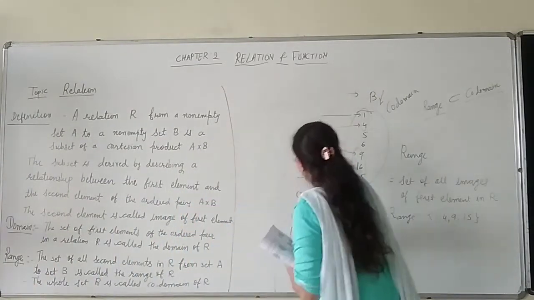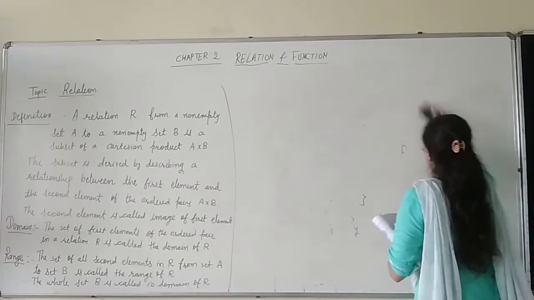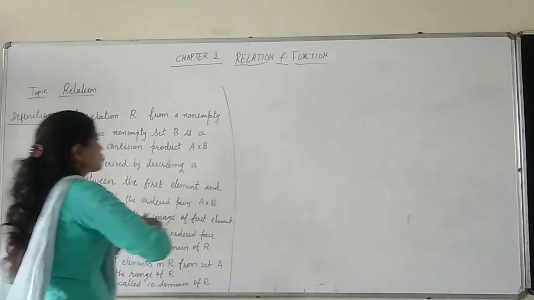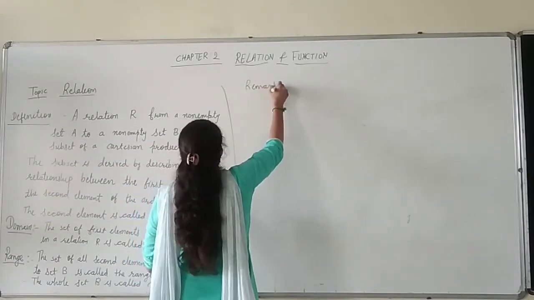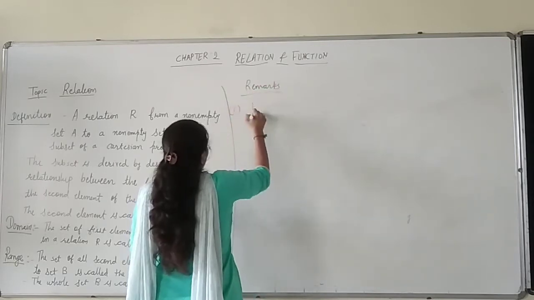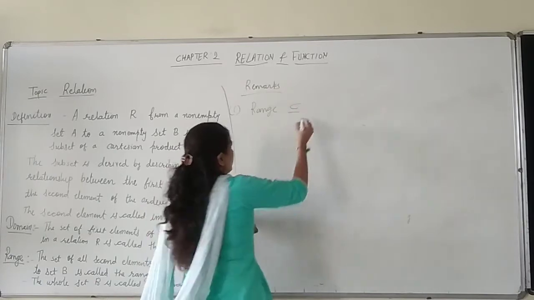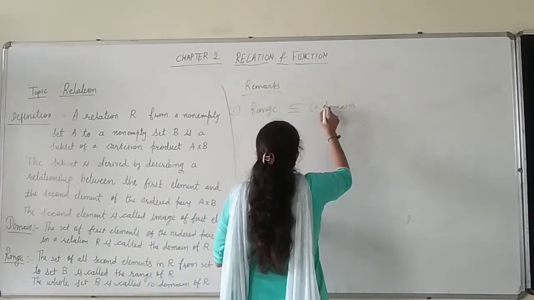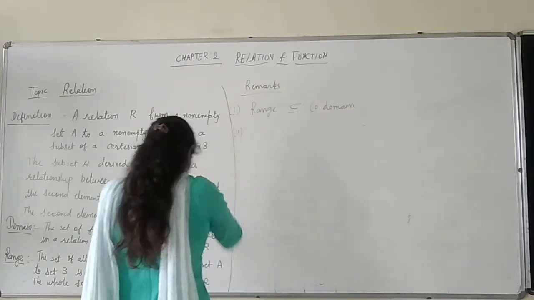Then in the next class we will start exercise 2.2. Now here are a few remarks. First, range is always a subset of or equal to the codomain.